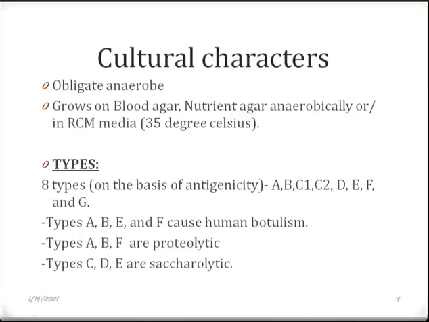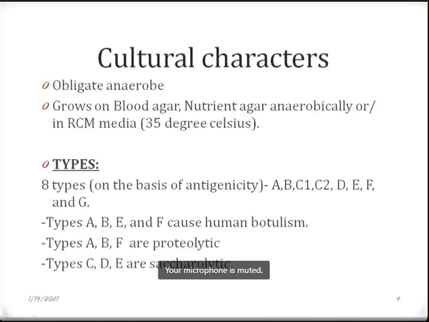Saccharolytic means they will produce a red color on Robertson's cooked meat media. Type C and D do not cause human botulism. Among type A, B, E, and F, which cause human botulism, A, B, and F are proteolytic and type E is saccharolytic.